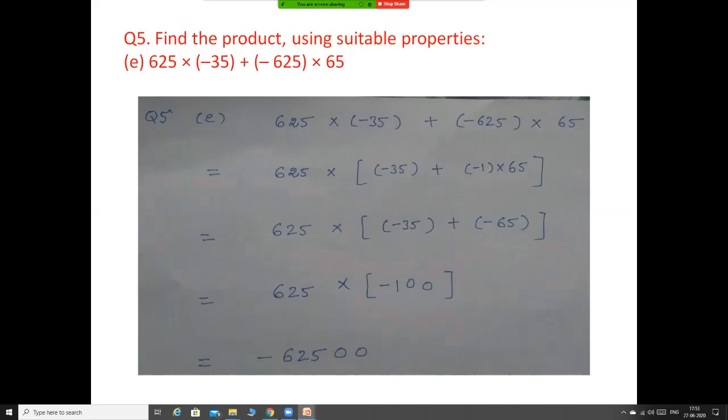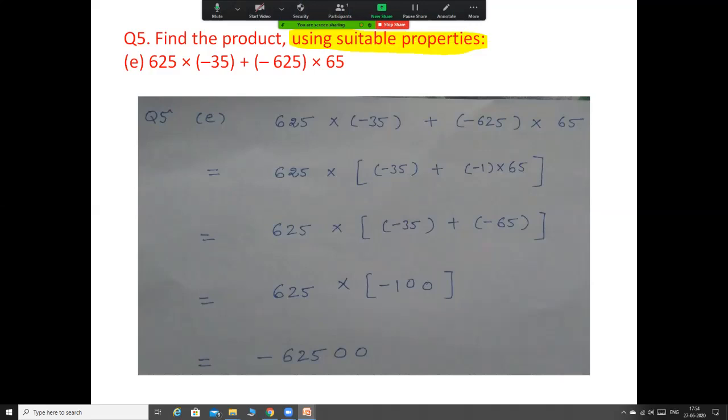Now let us see what is there in part number E. Again, I'm highlighting the words using suitable properties. This is a very important line, using suitable properties. It means don't multiply the integers as usual.